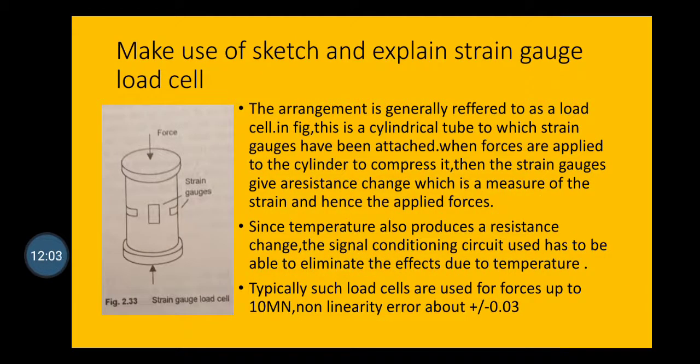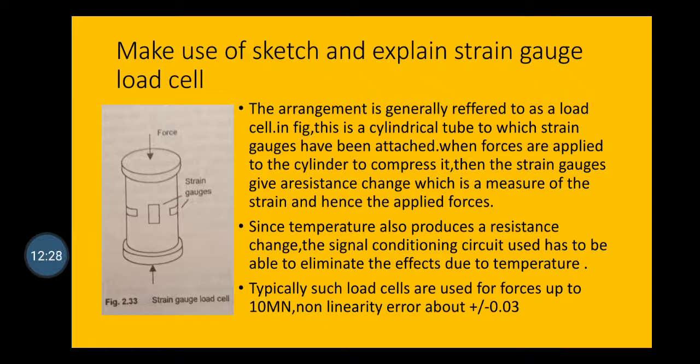Next one, with the help of a sketch, explain strain gauge load cell. Here the load cell strain gauge is applied on force. The arrangement is generally referred to as a load cell.